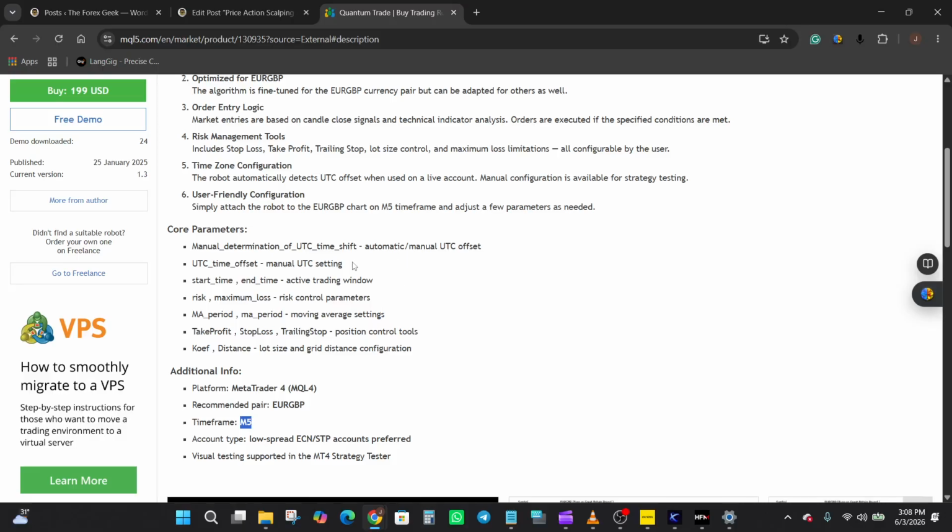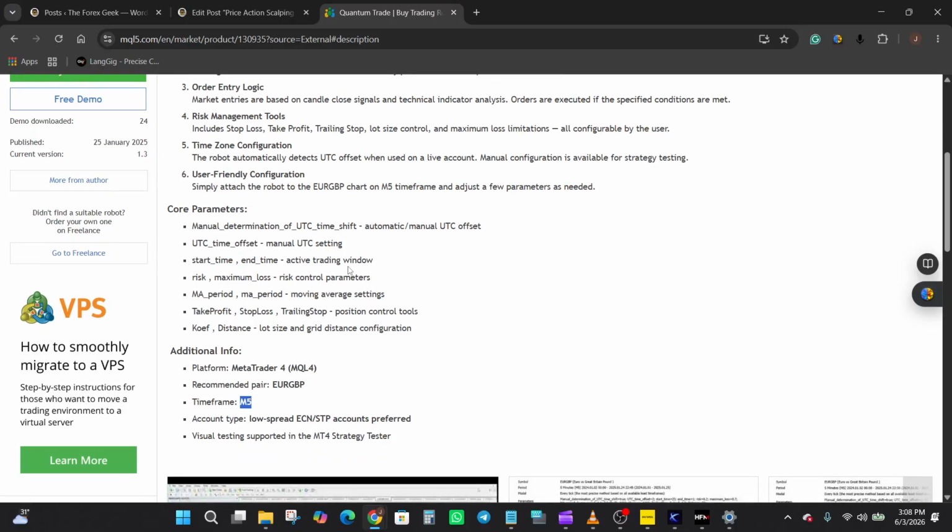It mentions session-based activation, meaning it only trades within a defined time window. There is also candle closed based entry logic combined with technical indicator conditions. So trades are only triggered when certain confirmations align.